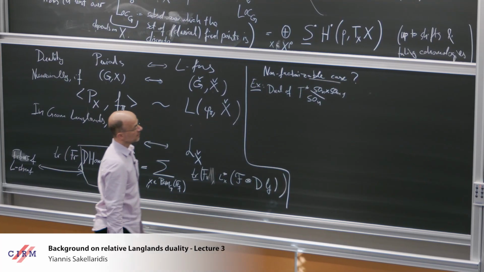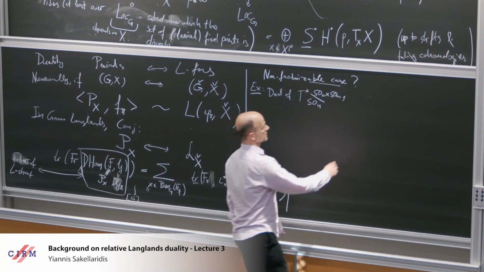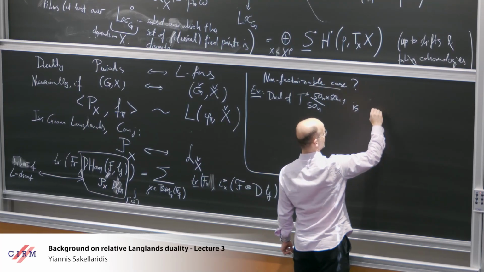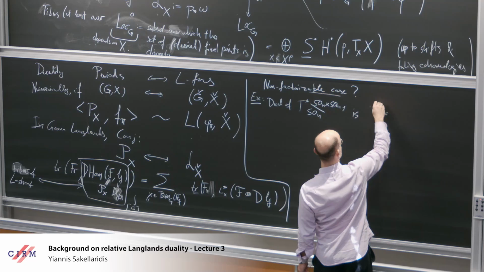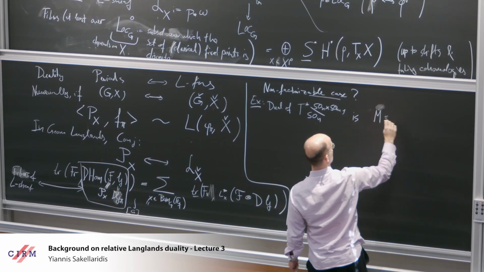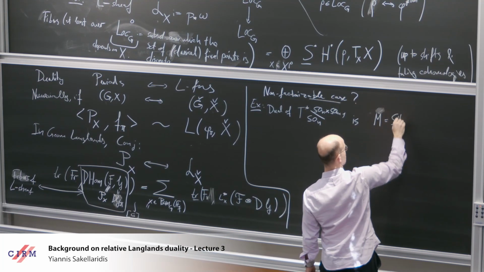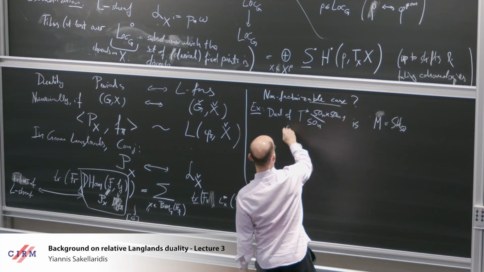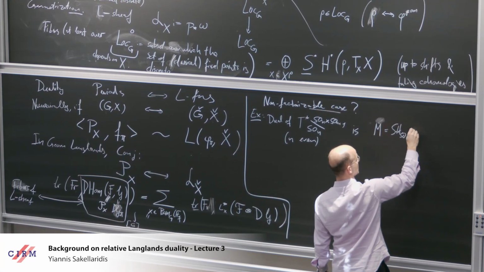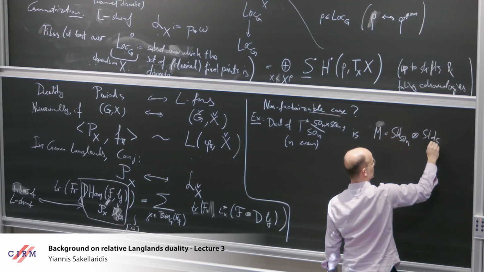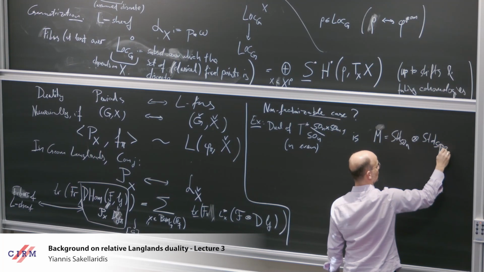So the dual of this is the symplectic vector space, which is the standard representation of SO(n), let's say that n is even for simplicity, standard of SO(n) tensor standard of Sp(2n).